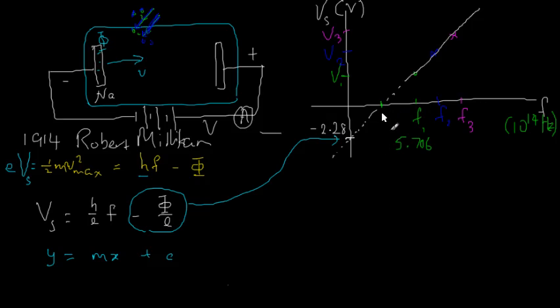So this value is the threshold frequency for sodium. Now this is a value which I actually calculated by working backwards after knowing all these values. So it's a bit like cheating.